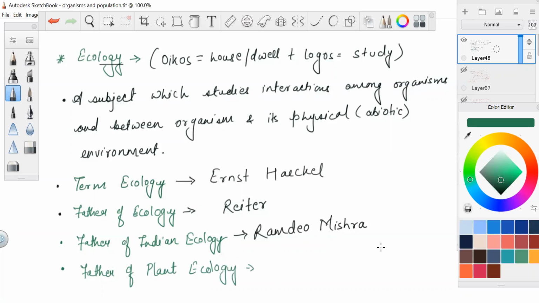I made you write this also. Do you remember? When I started adaptation in plants, that time I told you to write. Anyone? No, ma'am. Warming. Okay, Warming is known as father of plant ecology. Write it down.